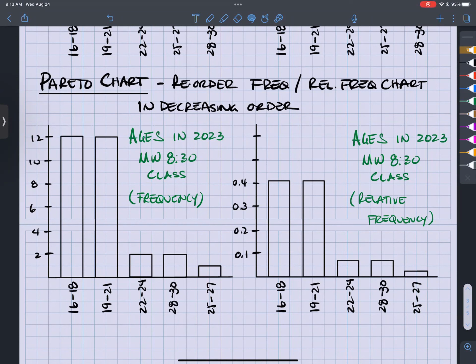The chart just gets shifted, so it's decreasing, from greatest to least. That's all it is.